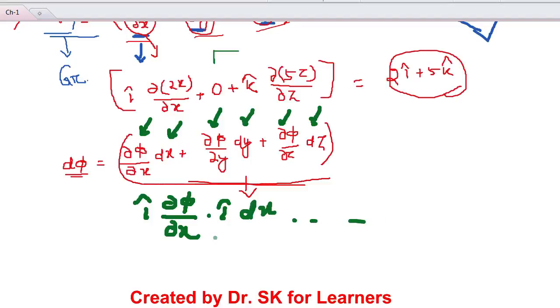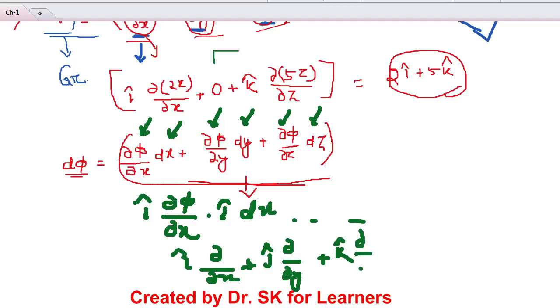So with that, you will know that what you are writing is I cap del by del x plus j cap del by del y plus k cap del by del z into phi.